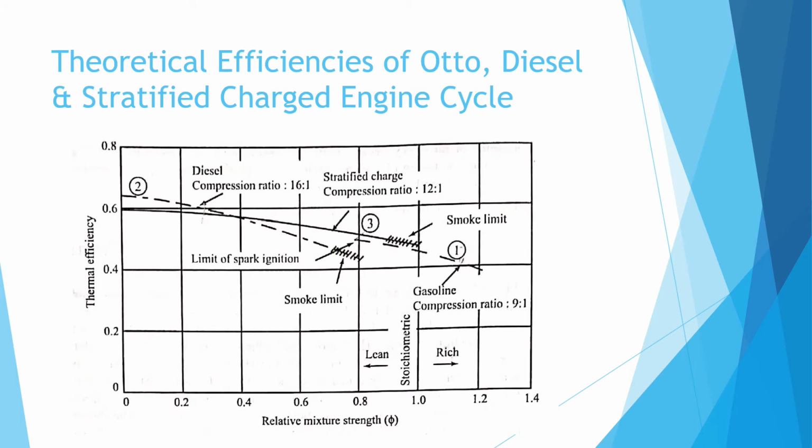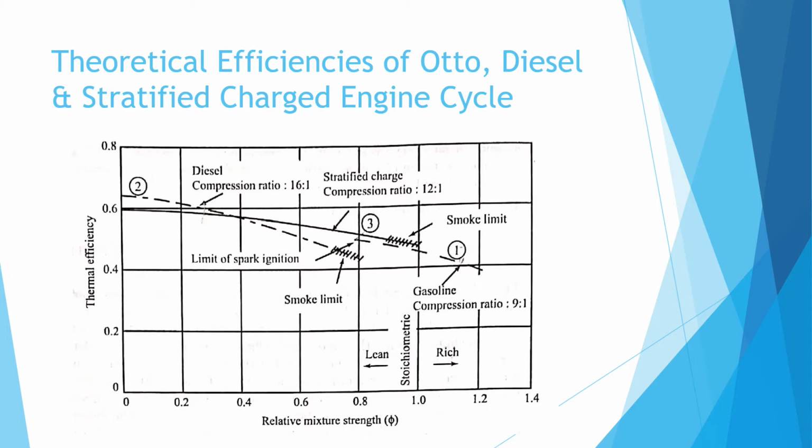So here students, the picture shows the theoretical efficiency of Otto cycle, diesel cycle and stratified charged engine cycles for the various mixture strength. The figure shows the variation of theoretical efficiency of Otto number 1, diesel number 2, and stratified charged engine number 3, for the different mixture strength under ideal condition.